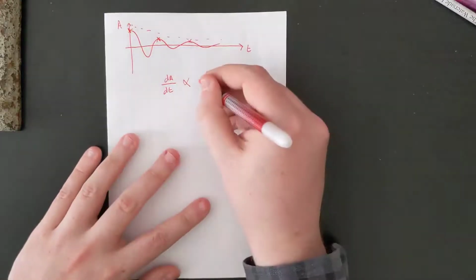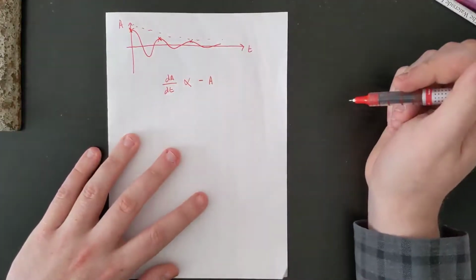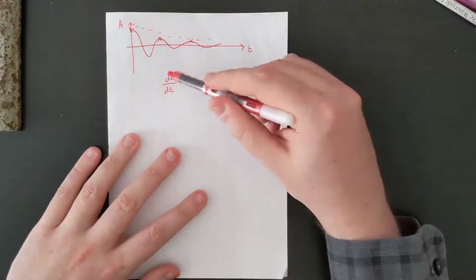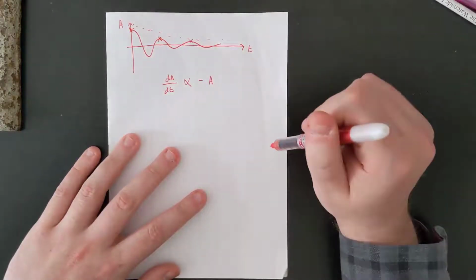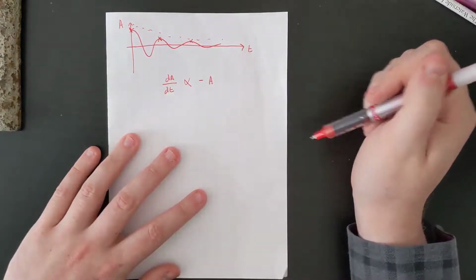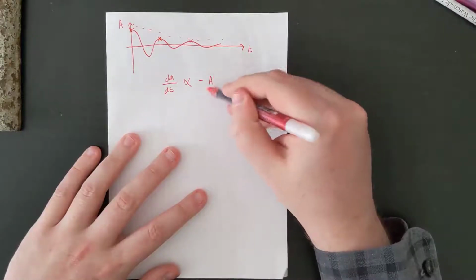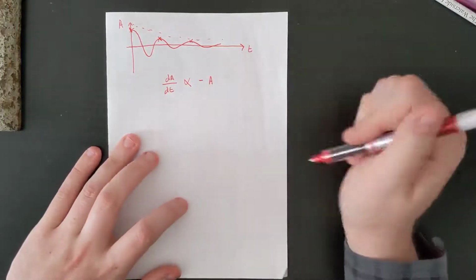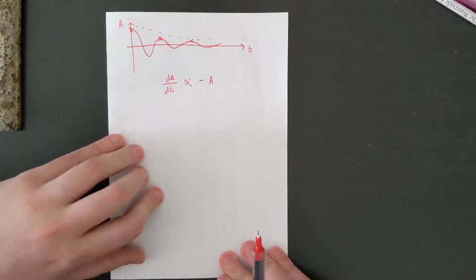And I'm just going to have to add a negative sign here, because my dA/dt, my rate of change of A, is a decrease. So this shows a decrease, this shows the more I'm swinging, the more energy I'm losing.